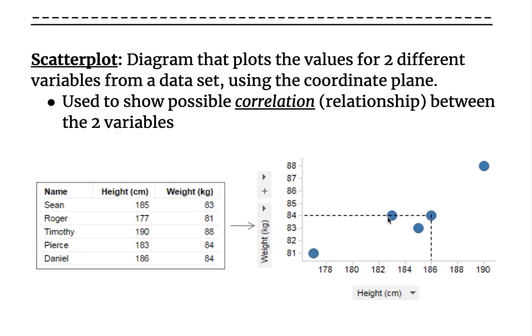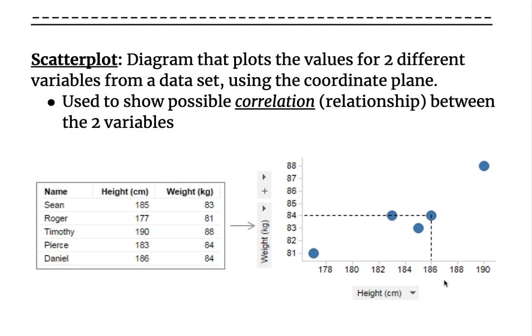So again, each of these represents a person. This one right here with the dotted lines is somebody that is 186 centimeters tall and weighs 84 kilograms. 186 and 84. So this is Daniel. So all these dots represent people, and then they're going to look like a bunch of scattered dots, so that each dot shows us two pieces of information for that person.